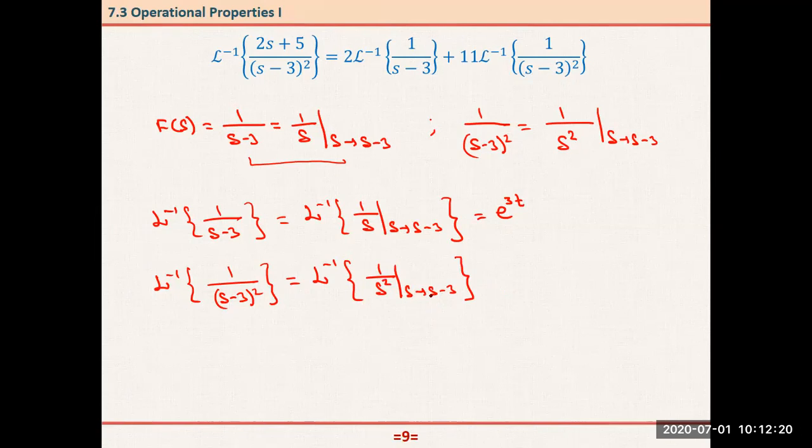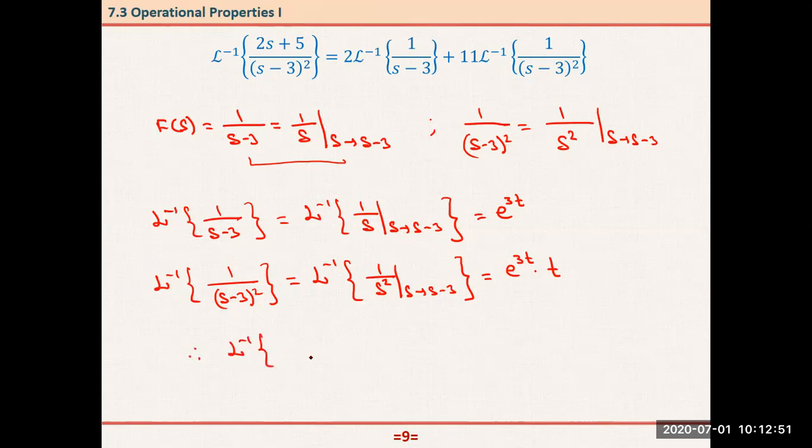And if I just replace this s by s minus 3, we will get the same expression. Now we know what this thing is, right? S squared, here just 1. And what function's Laplace transform equals 1 over s squared? We know that that is just t. So here we have t. Now because of this, here we have e to the power 3t times t, right?